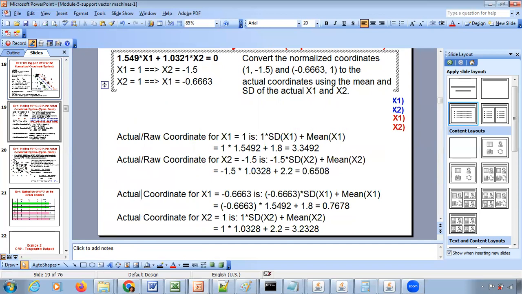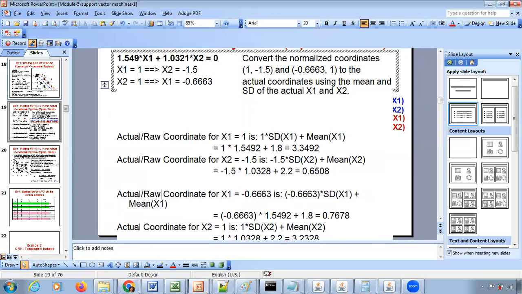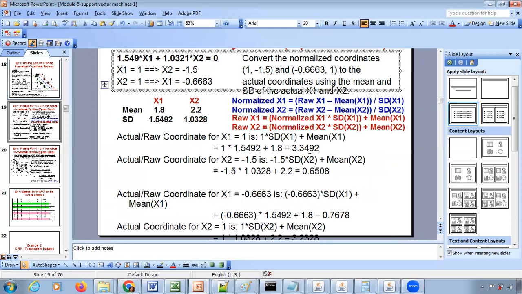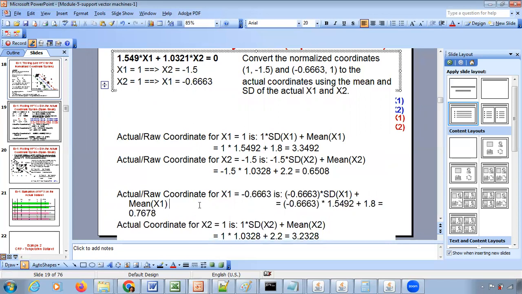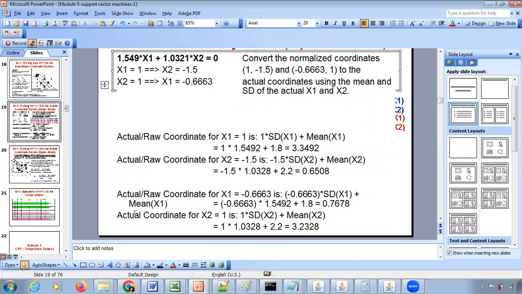Here I'm typing actual, which is the same as raw.